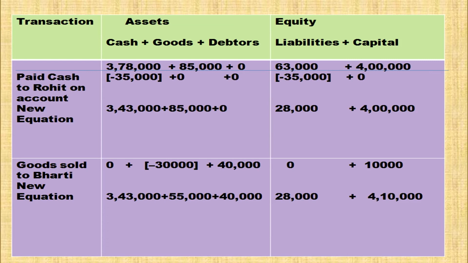Then the new accounting equation will be like this. Cash 3,43,000 plus goods 55,000 plus debtors 40,000, that is 4,38,000 on the asset side, and liability 28,000 plus capital 4,10,000. Here also 4,38,000. So the accounting equation is satisfied.